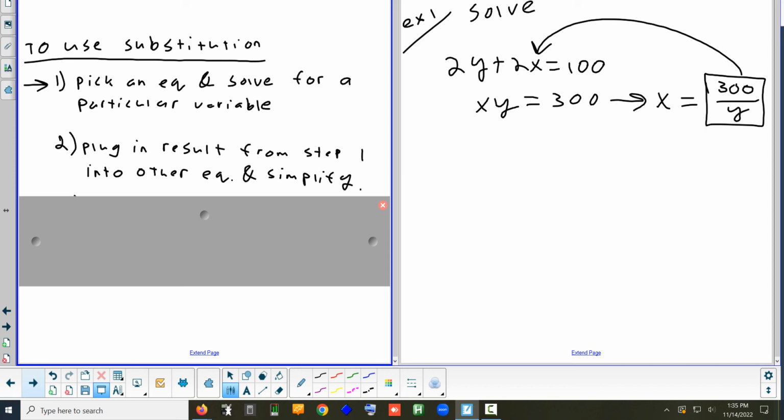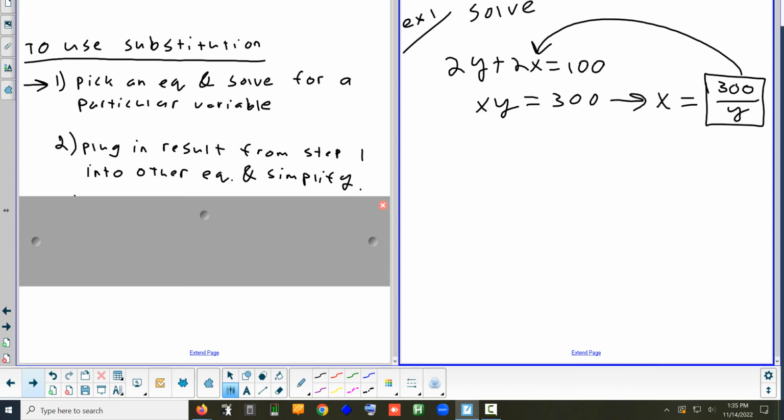So plug that into the top equation and simplify. The goal in step 2 is getting rid of one of your letters. If you do step 2 correctly, you're only going to have one letter in the problem. In our case, we're only going to have y's.